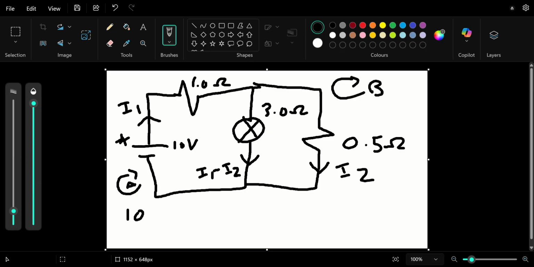Since current is flowing in the same direction as the resistance is, and since we're considering the positive terminal, the movement of positive charge, therefore this movement of electrons is going to be considered negative, minus 1.0 I1.